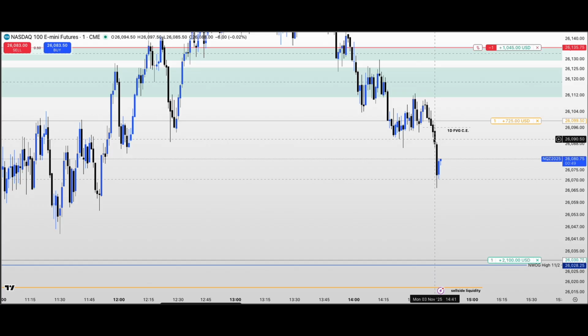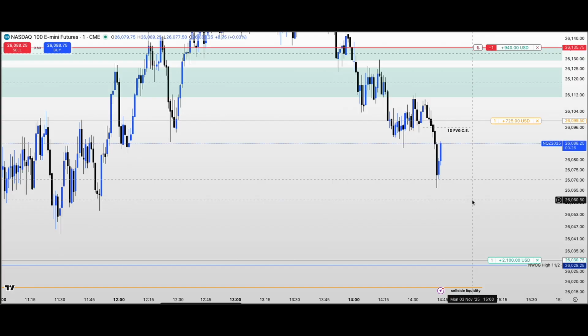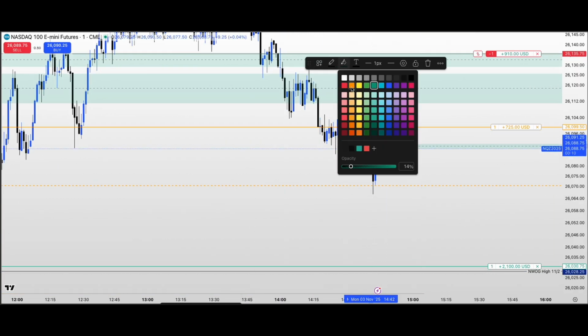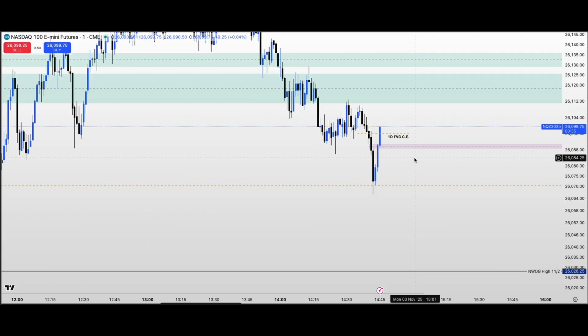There's a small gap here, so okay, we hit the consequent encroachment. I want to see it close below. And we stop out there.